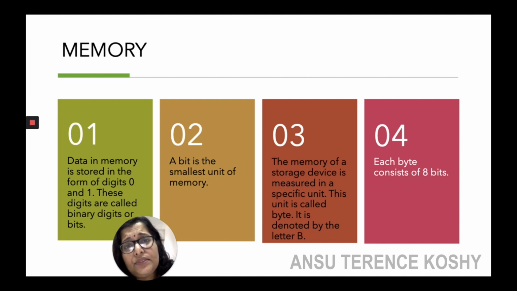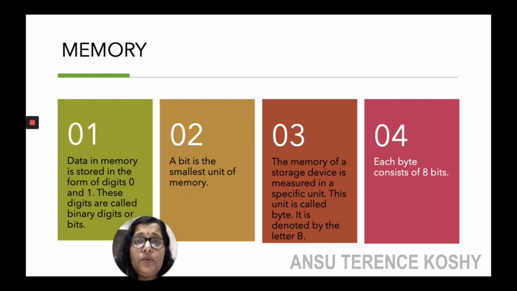The numbers 0 and 1 used by the computer system to take in the data and process it form the binary number system, and each digit is called a bit. A bit is the smallest unit of memory.